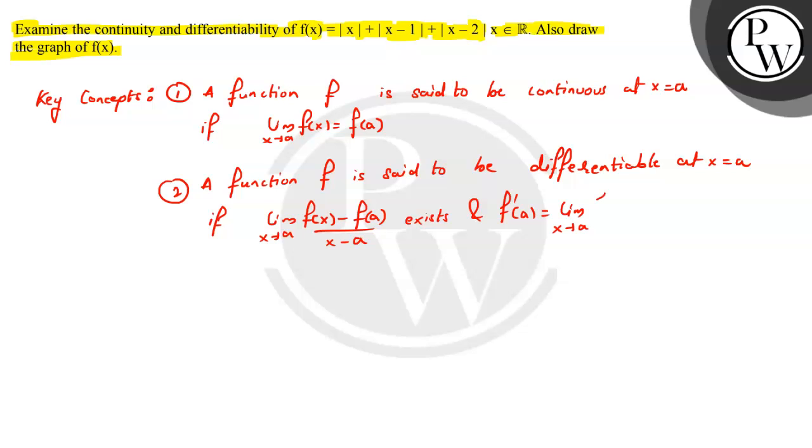So that is limit x tends to a of (f(x) minus f(a)) divided by (x minus a).